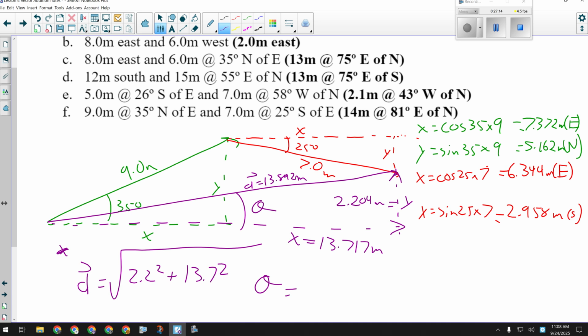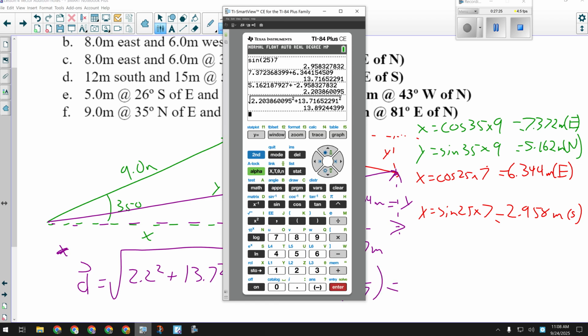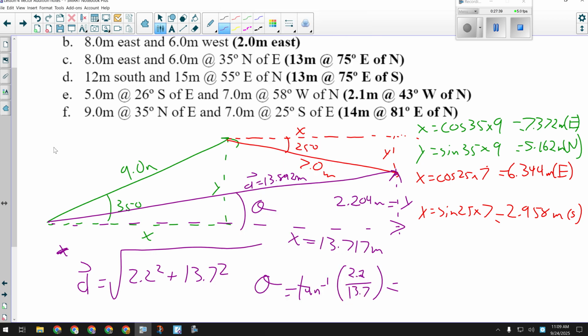Theta, the way I drew this, opposite is y, adjacent is x. So tan to the minus 1, 2.2 divided by the 13.7. Okay, so I'm getting 9.128 degrees, and for me that's north of east.